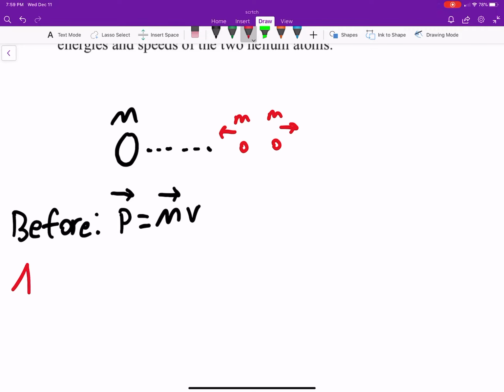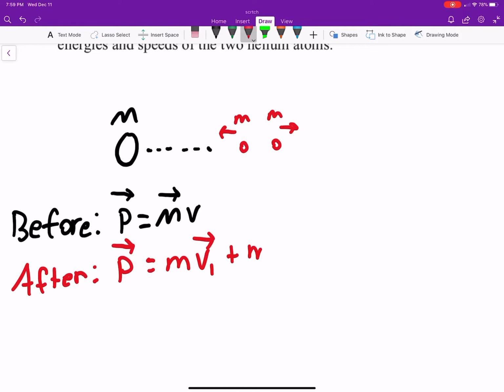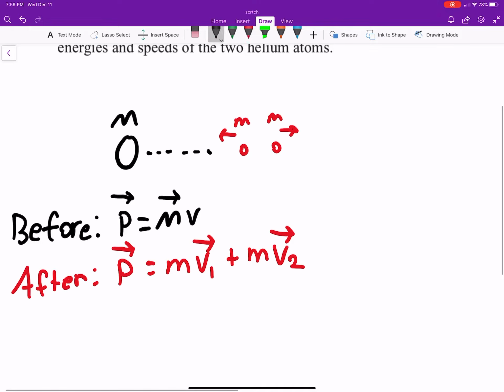And if we look at after the explosion, our momentum is equal to mass times V1, plus mass times V2. The important thing to know here is that both red masses are the same. They're both helium atoms that are produced, so they have the same mass. I'm going to call those just red M, and the black M is the other mass.